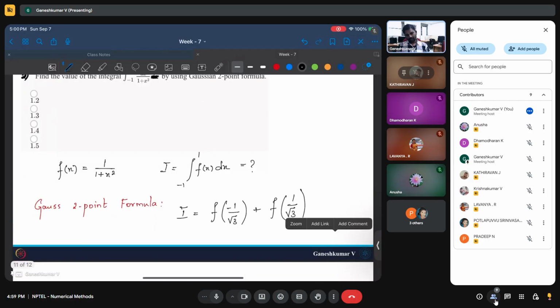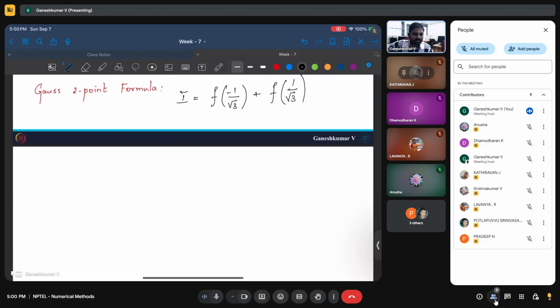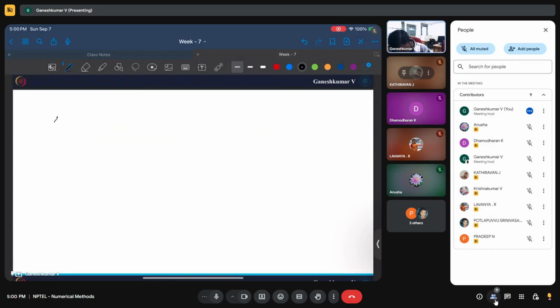Okay. Now we know the function. We just need to evaluate that function for minus 1 by root 3 and 1 by root 3. So the function is 1 divided by 1 plus x square, and f(minus 1 by root 3) is going to be 1 divided by 1 plus (minus 1 by root 3) square.